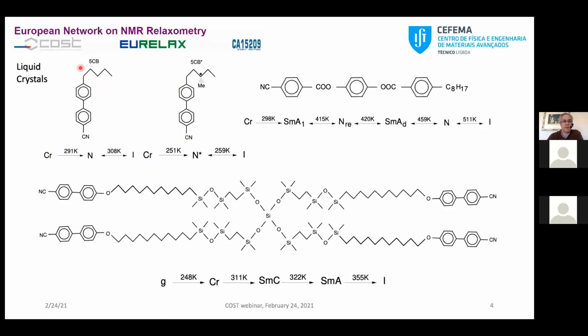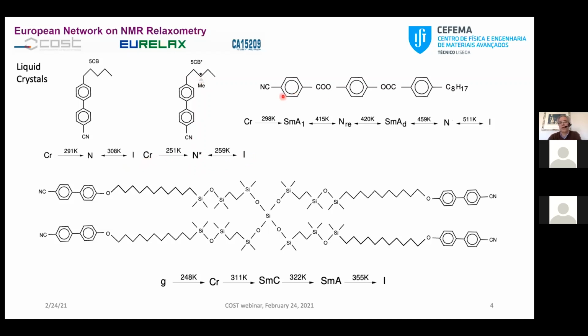These compounds can have a completely different type of molecular organization just by changing one specific group. Here, for instance, it is a small chain with 5 carbons, but there is a specific different group here. Instead of CH2, it has a CH3 group. Therefore, this compound presents a completely different type of phase between that of isotropic and that of the crystal.